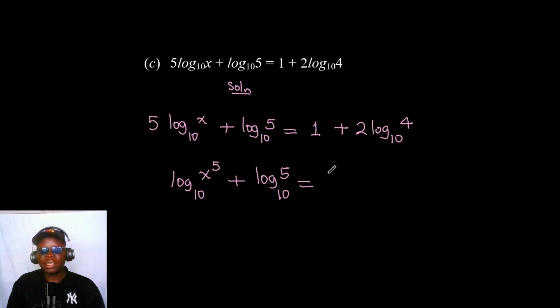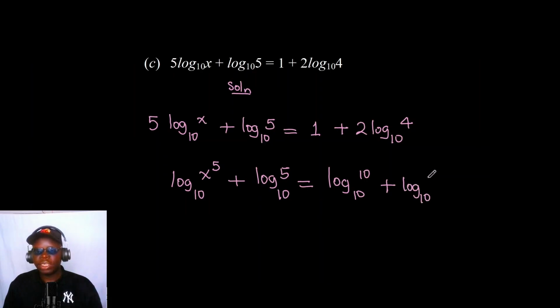So we are writing this in terms of base 10. Therefore, this becomes logarithm to the base of 10 of 10. We know this one goes back to 1. So we have not changed anything. Therefore, plus, here we're going to use the power rule again, where we have logarithm to the base of 10 of 4, and we raise this to 2.